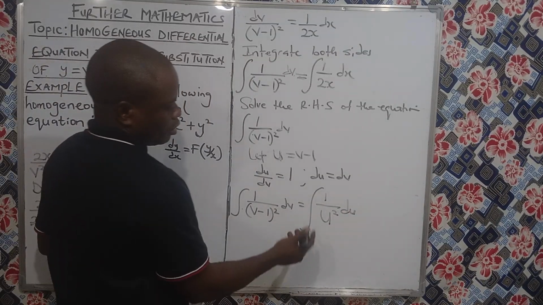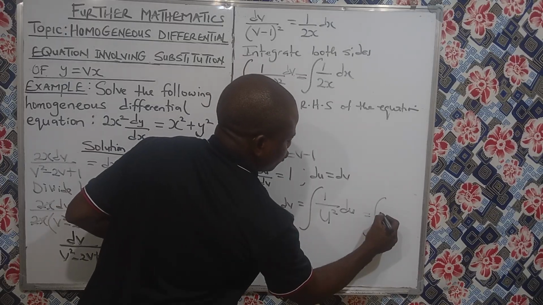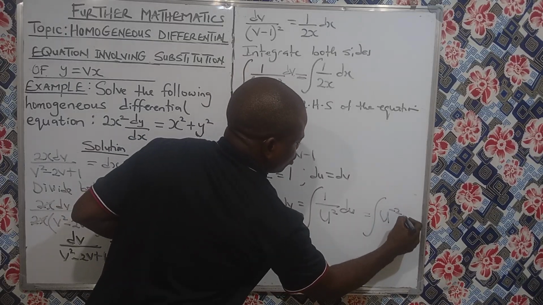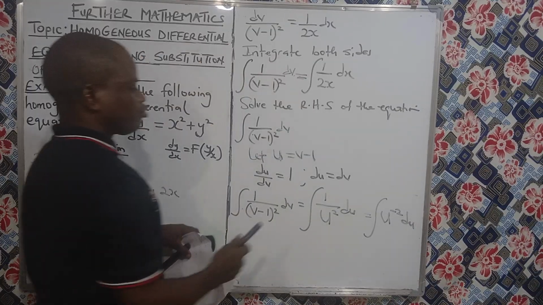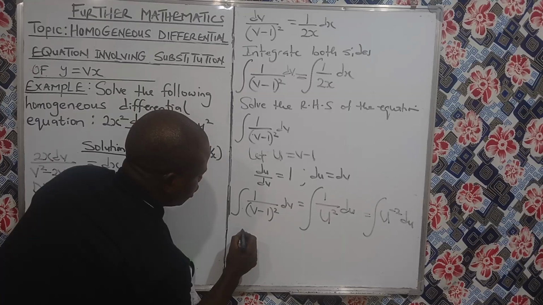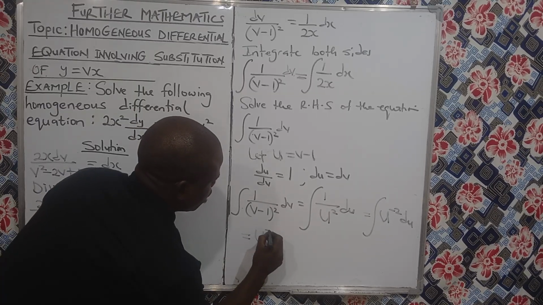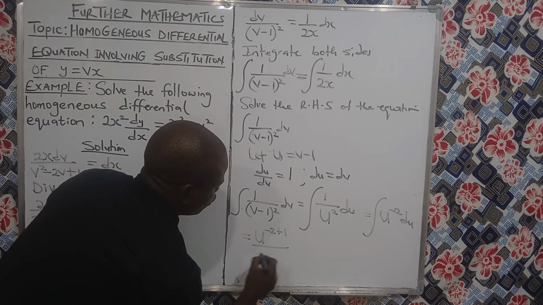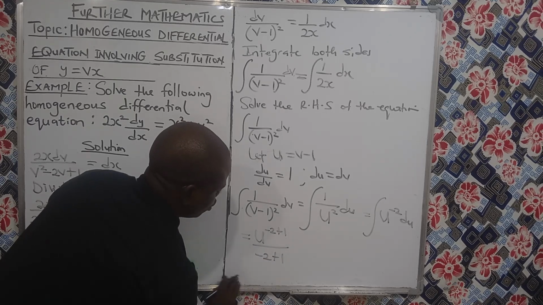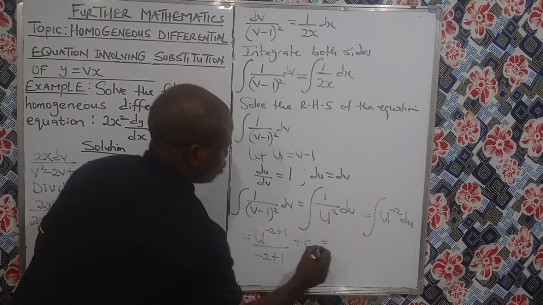In indices, removing the reciprocal, it becomes the integral of u raised to power minus 2 du. Now let's carry out the integration, which equals u raised to power minus 2 plus 1 over minus 2 plus 1, plus c.